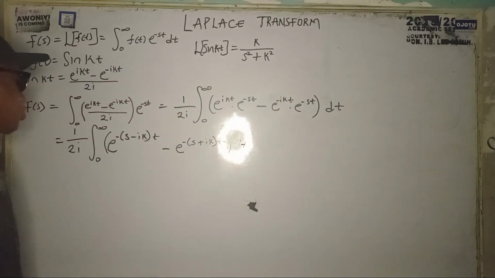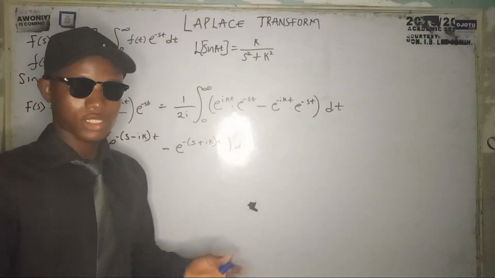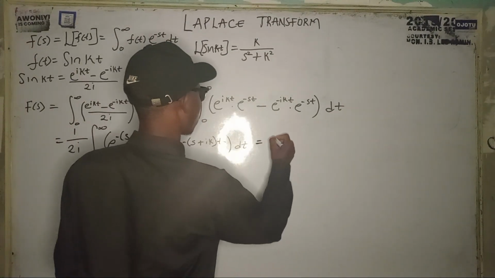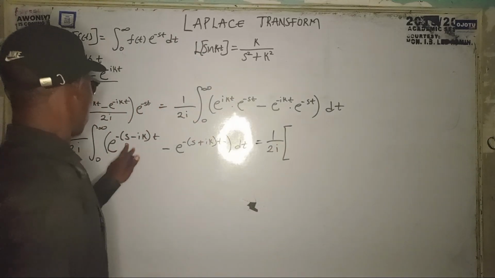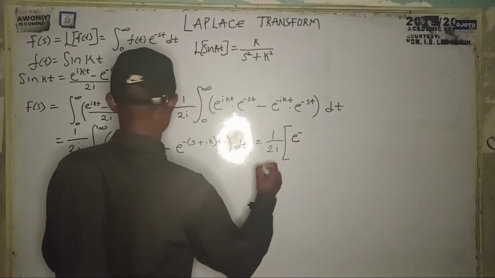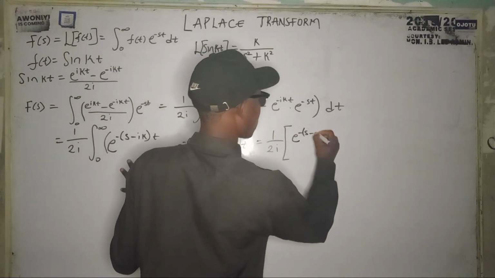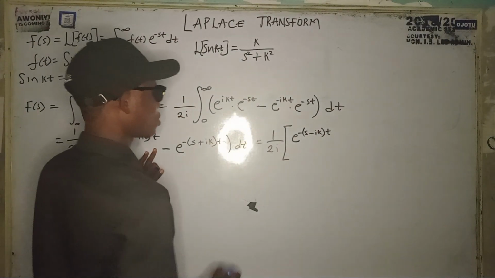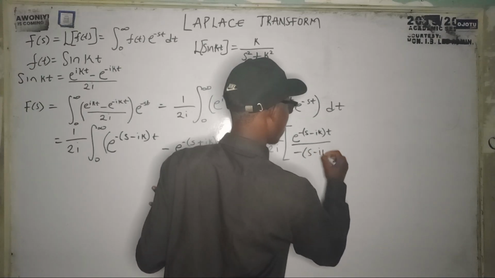If we continue with this, now we can easily just integrate it from here on. So this is equal to 1 over 2i. Now after integration, this here we would have as e raised to the power minus, in brackets s minus ik, multiplied by t, over minus, in brackets s minus ik.